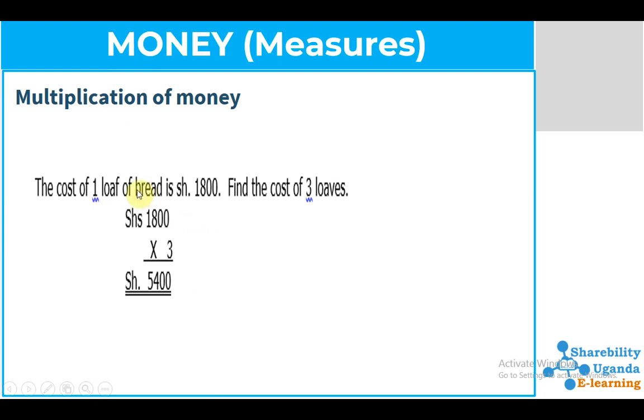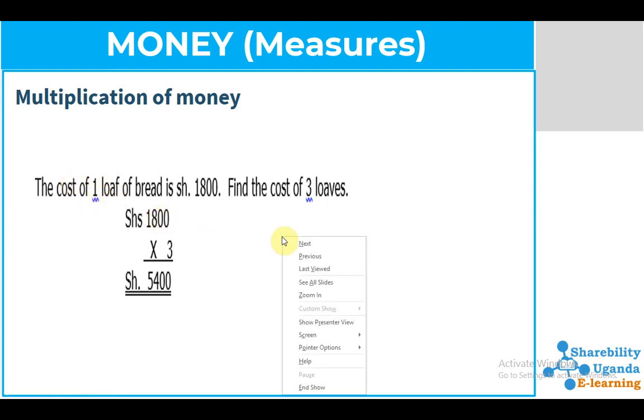When they talk about the cost of one loaf, they indicate that one loaf is equal to this, and 3 loaves are equal to this, or 5 loaves are equal to this.